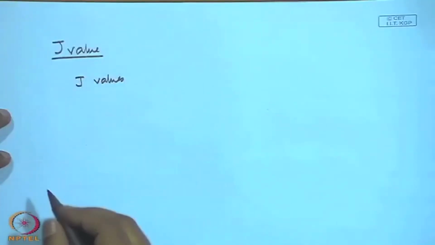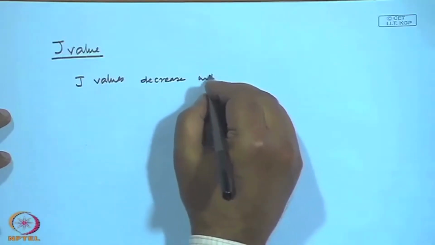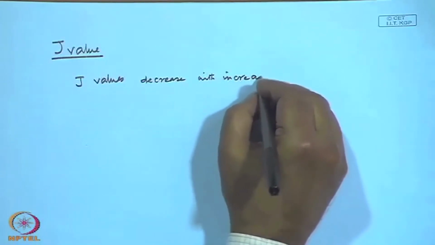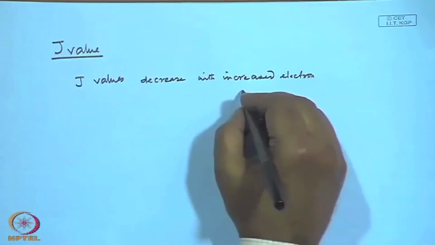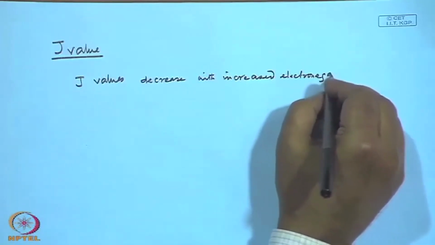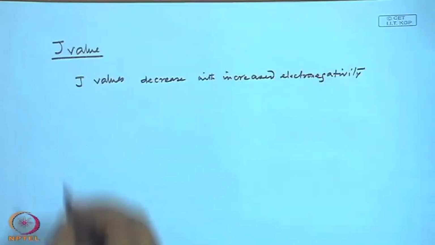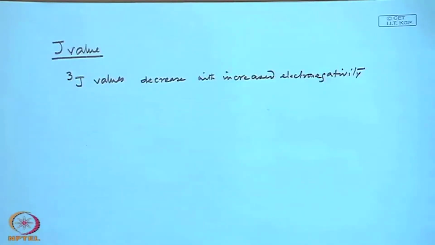I think this is a standard formula: J values decrease with increased electronegativity. And when I say J value, that means 3J values decrease with increased electron density. Okay.